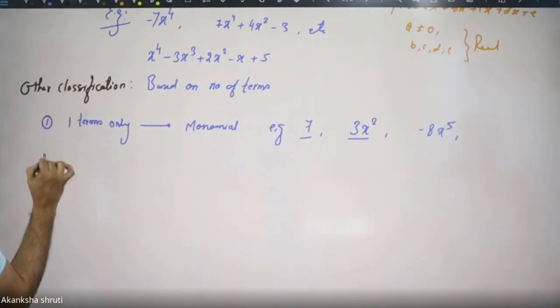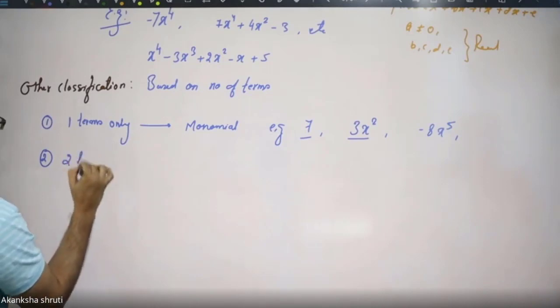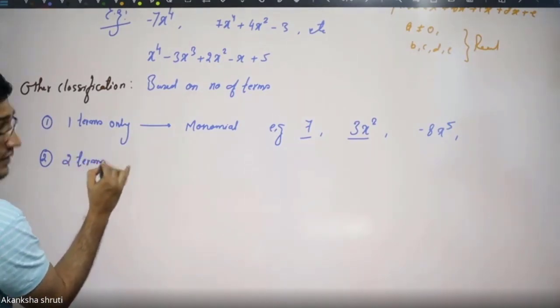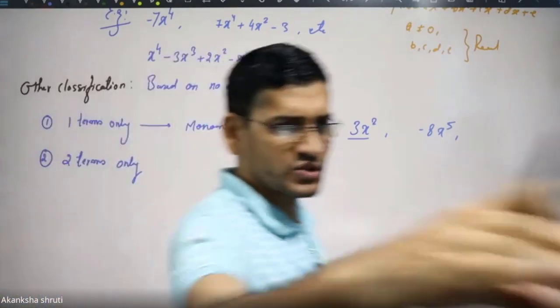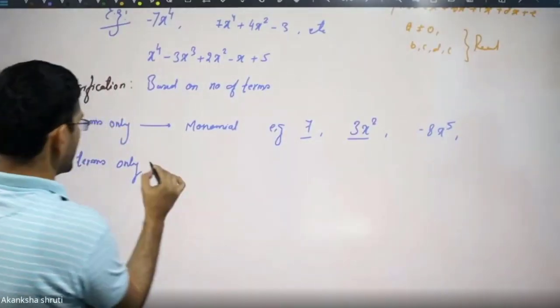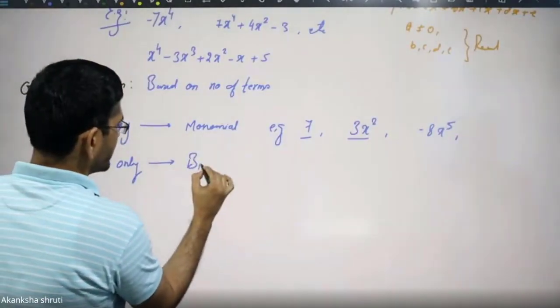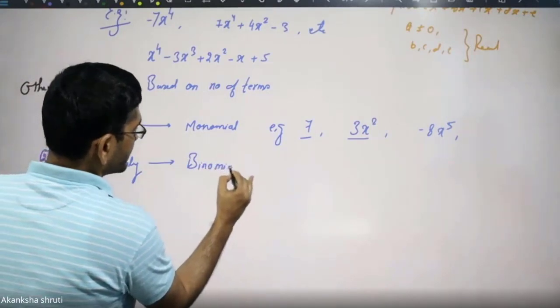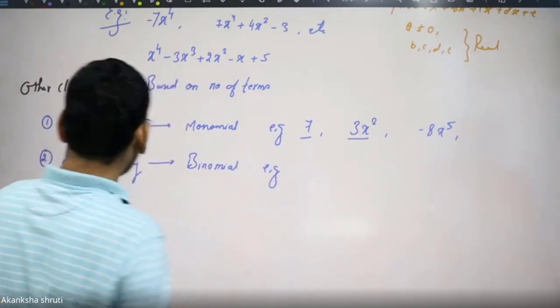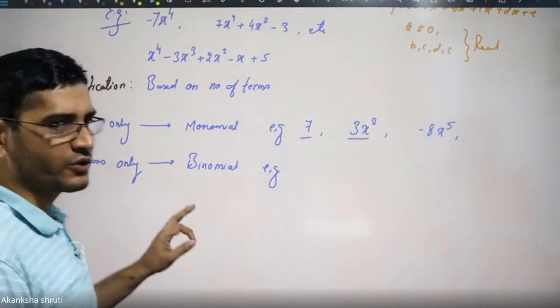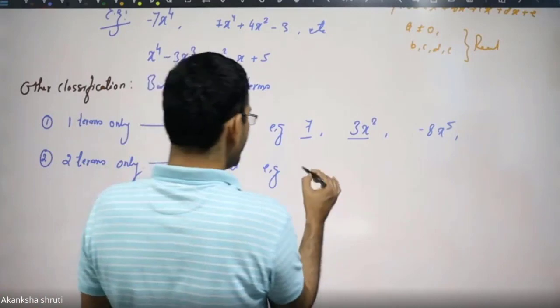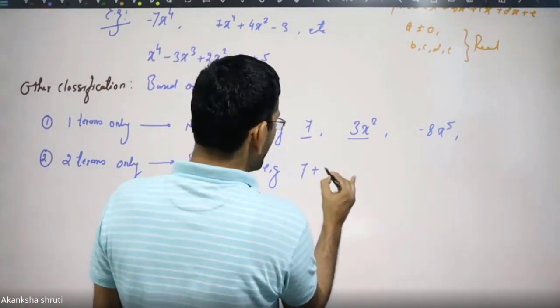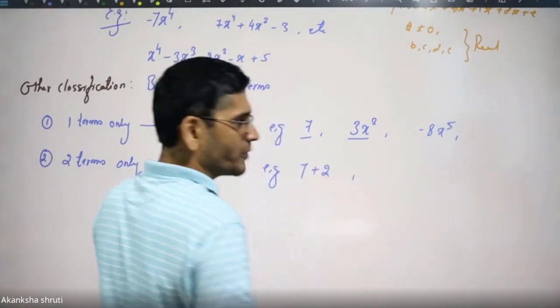The second one, if 2 terms are there only, then it is called a binomial. Example, student, it doesn't depend on which kind of degree you are writing, but keep in mind, like terms must be simplified. If we are taking 7 plus 2, can we call this a binomial?